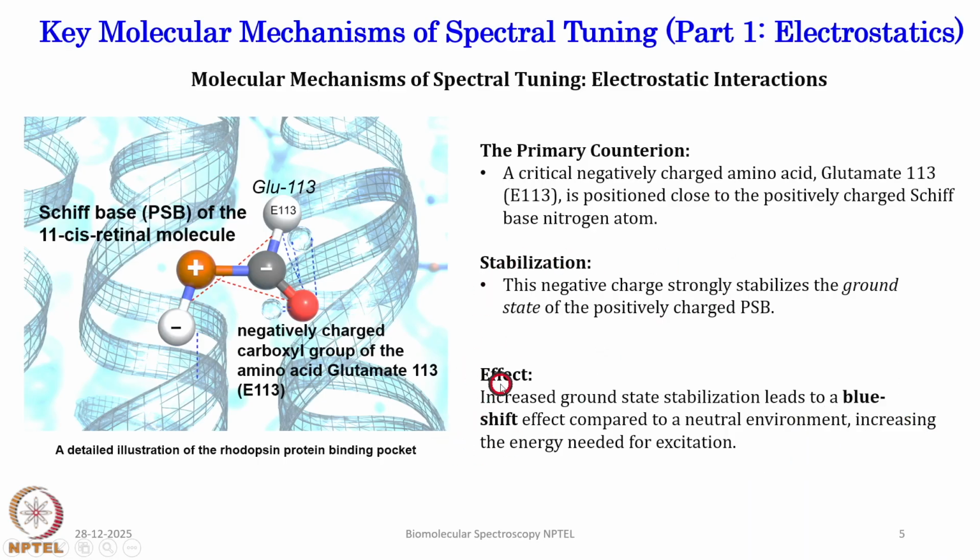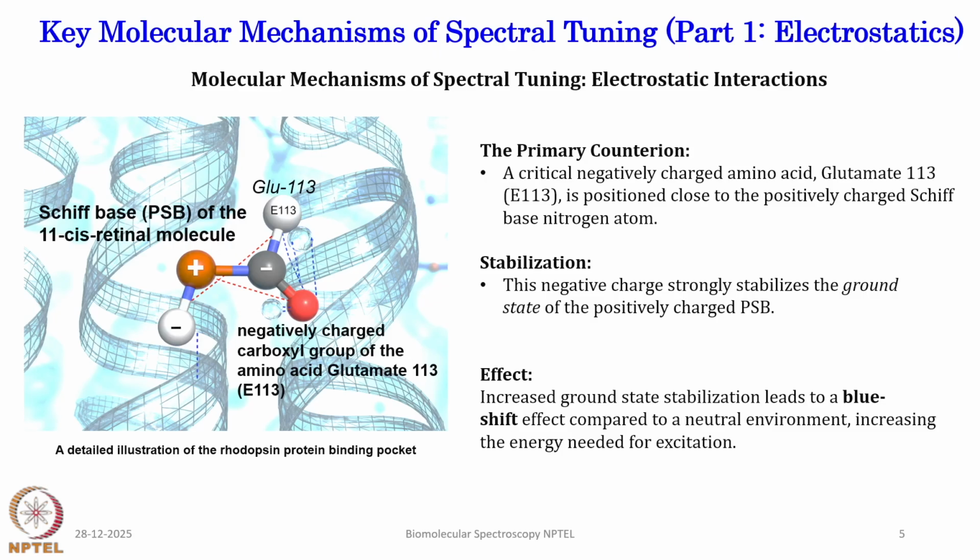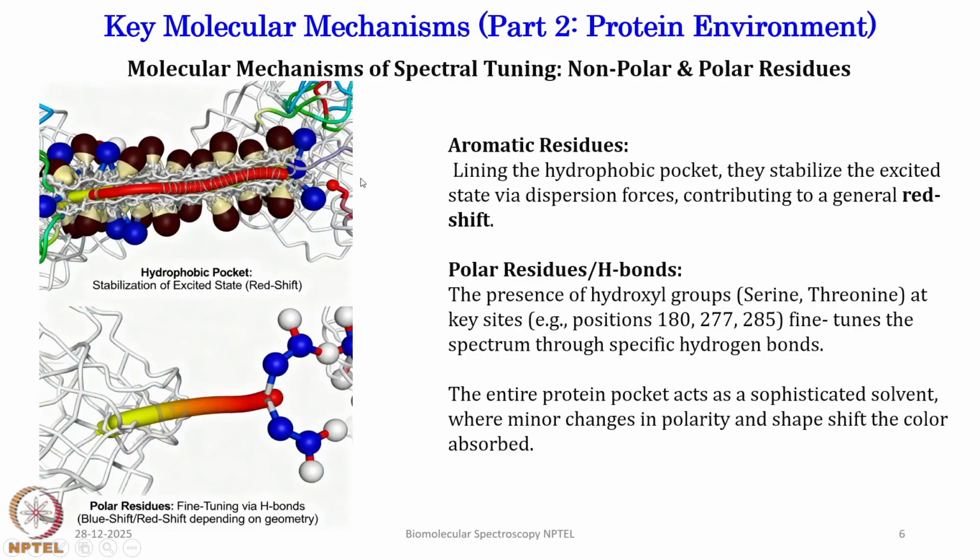Now, the effect is that the increase in ground state stabilization leads to a blue shift compared to the neutral environment, and that increases the energy needed for excitation. Now, this is the stabilization that is happening here because of the glutamate interaction with this nitrogen.